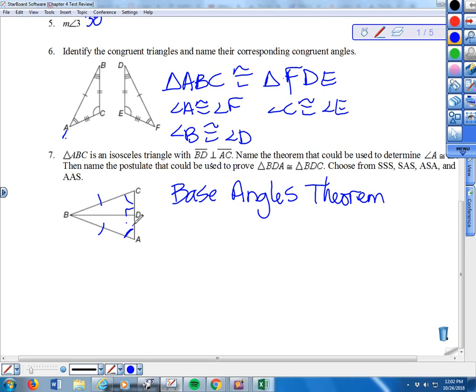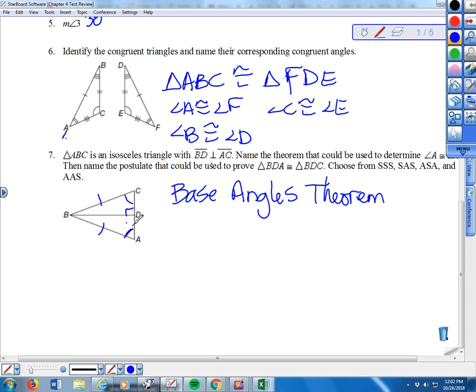Okay, so given the information that I have, not anything I'm going to assume, because I do know I could keep working on a proof here and say that BD is congruent to itself using the reflexive property. Or I could say CD is congruent to DA, because I know in isosceles triangles, the perpendicular, or the altitude that comes down, splits it in half.